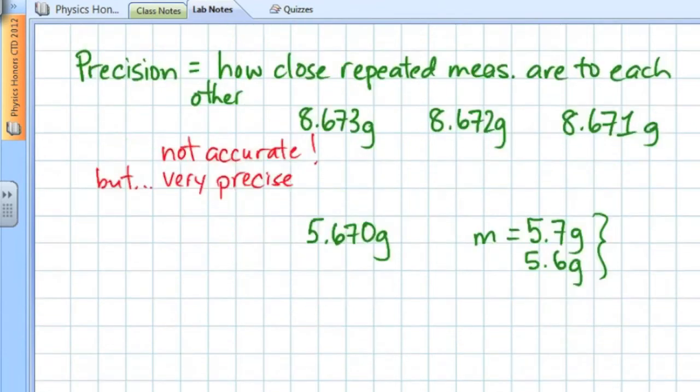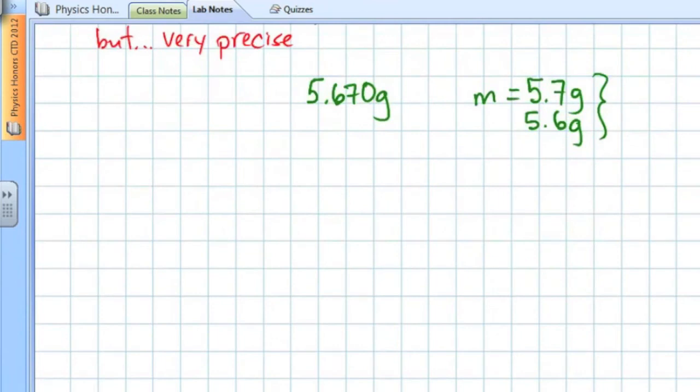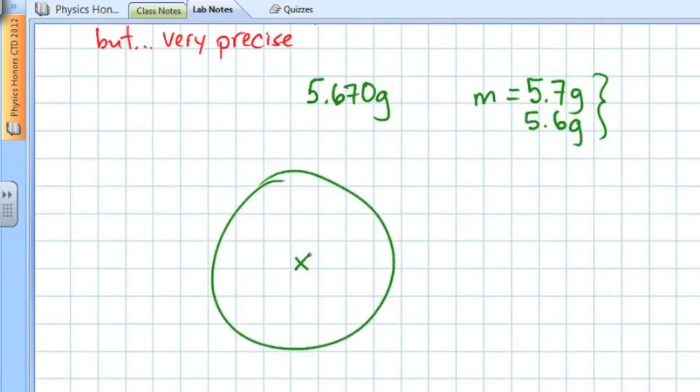Another way to think about this is archery. Okay, in the archery example you're trying to hit the bullseye, and the bullseye is the accepted value. Okay, so if you have a bunch of shots that are all in one corner that are real close to each other, those are precise but not accurate.